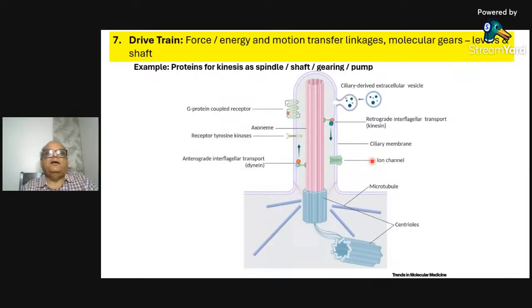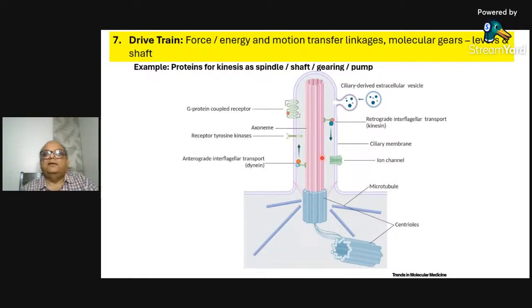Okay, and another category is, of course, they can work like drivetrain elements. So they can transmit force and energy like a lever or a shaft, for example, or even a molecular gear. Now, if you look at this picture, I'm not going into what this is, but you can identify that this thing looks very much like a molecular gear, this and this.